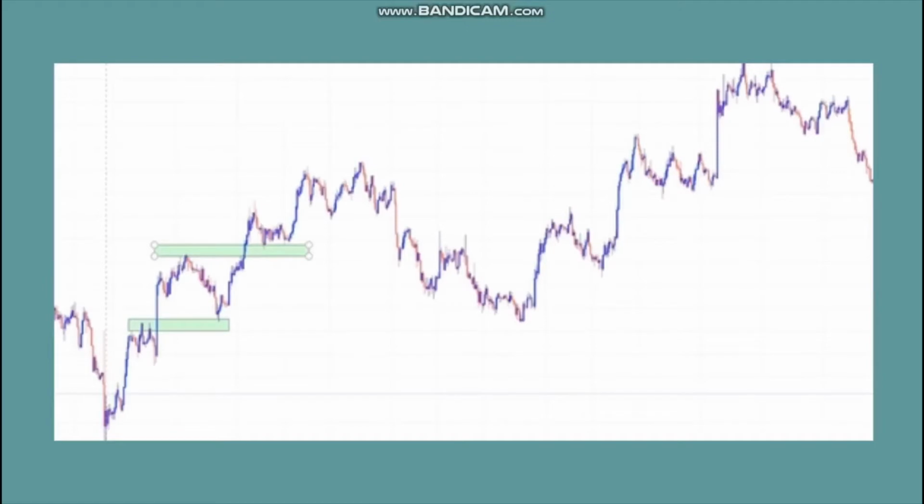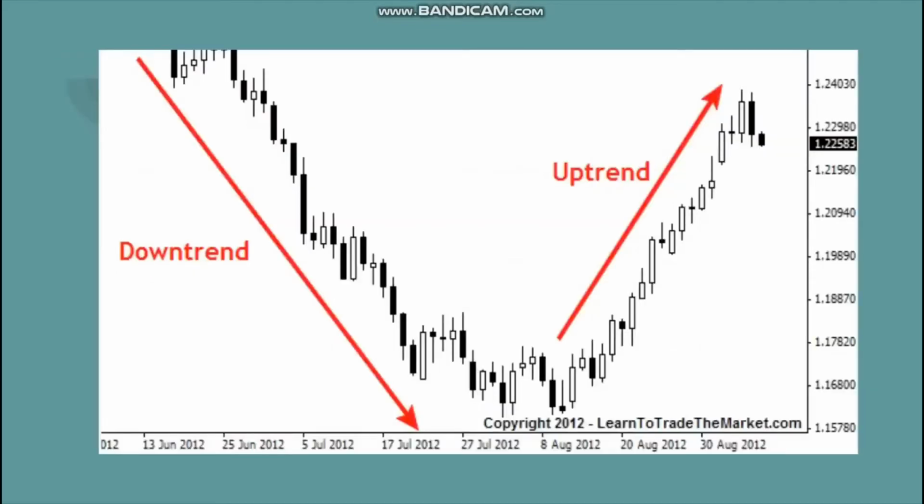Supports help keep the price from going further below that line. These are all very important features to price trading actions. Ceilings and floors are almost the same thing. These show traders when to buy and sell in the market before they make downtrends. Prices, when they grow up as a whole, become an uptrend, but when it hits resistance and starts to make a complete reverse and moves the entire market down, it is known as a downtrend.